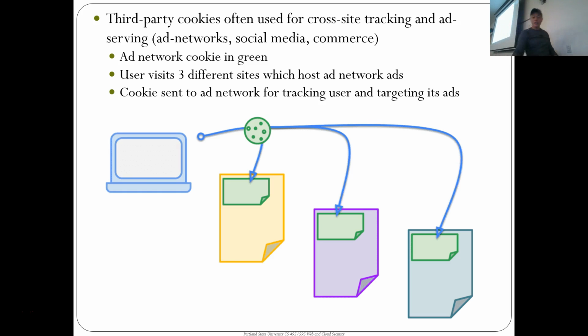And then that is the tracking cookie, the green, that whenever you hit any of these sites, because you're retrieving the embedded ad from somewhere else, basically the ad network, you're going to access this as a third-party cookie. So you're going to retrieve the content of the green using the green cookie. Okay, and that's how the tracking is done across a bunch of sites.